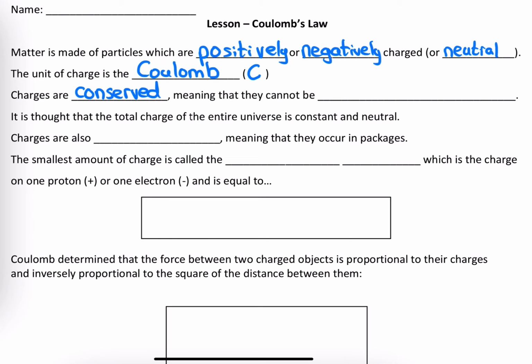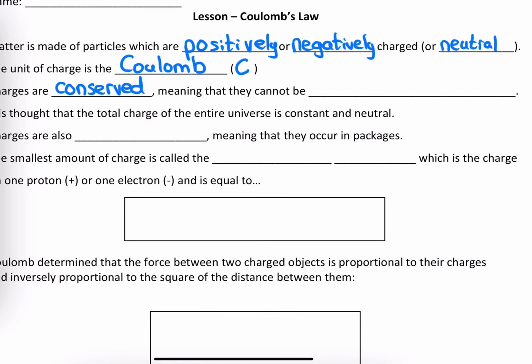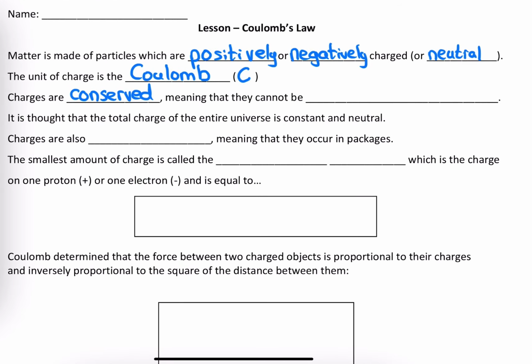Energy is also conserved. In physics, you'll have talked about the law of conservation of energy, how energy can't be created or destroyed. In physics, you'll also likely have talked about how momentum is conserved. Momentum can't be created or destroyed. Well, now we have another thing that's conserved. Electric charge is conserved. Electric charges cannot be created or destroyed.